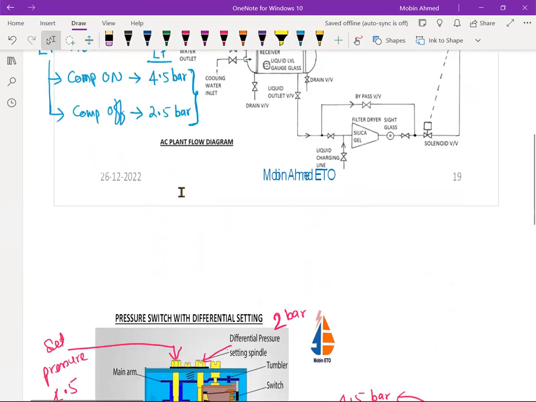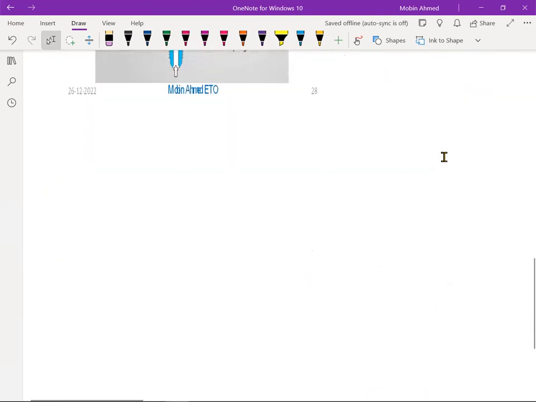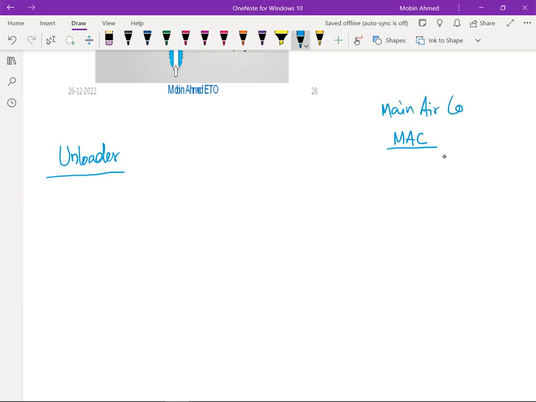Now let's understand about the unloader. There is a difference between this unloader and the MAC unloader. MAC is the main air compressor. Do not get confused between these.